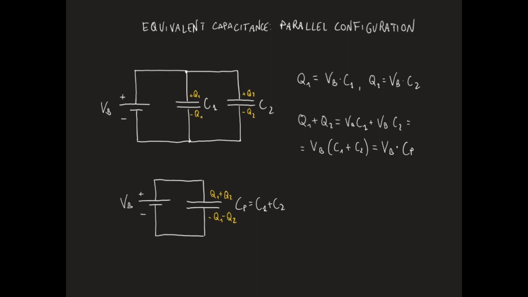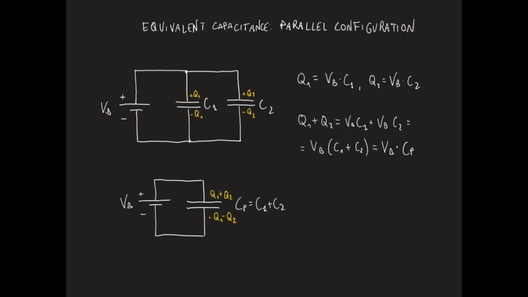So from the standpoint of the battery and of the charge it has to provide to the capacitors, the two capacitors C1 and C2 in parallel behave like a single capacitor with a capacitance equal to the sum of C1 and C2.